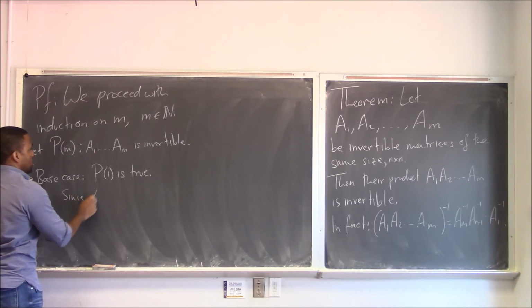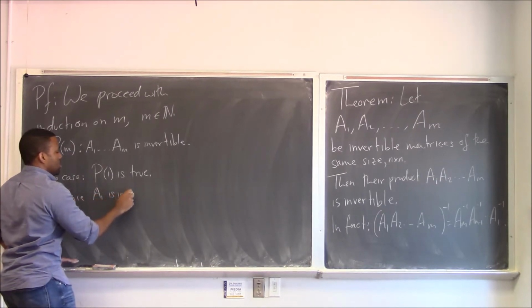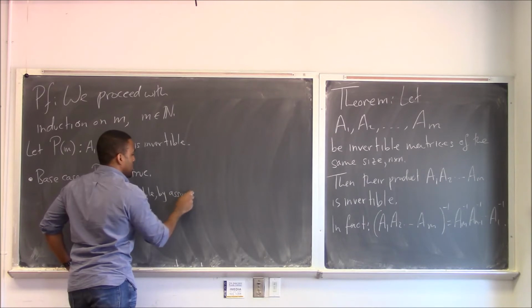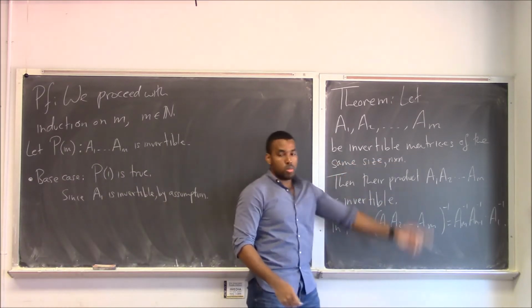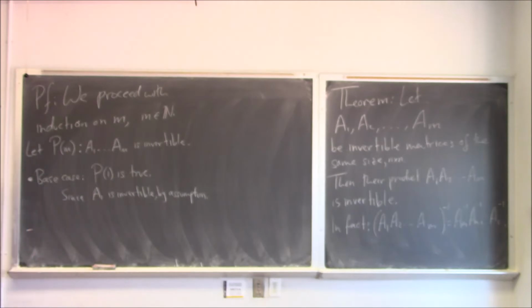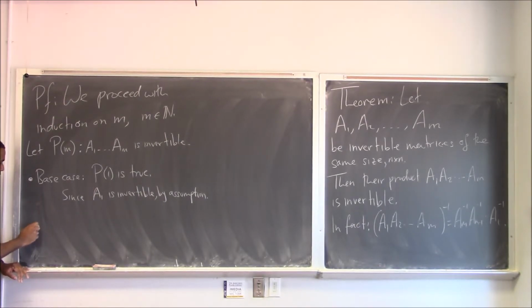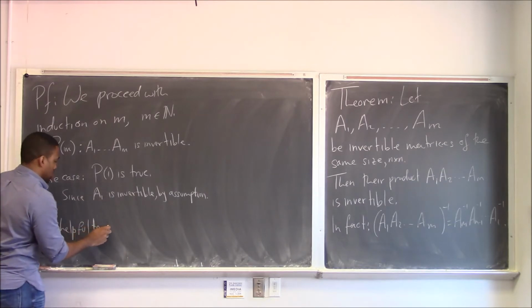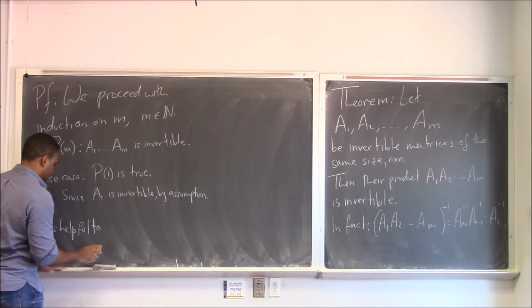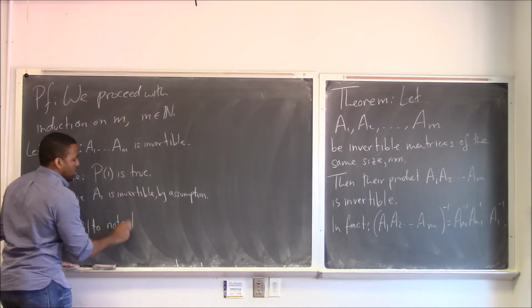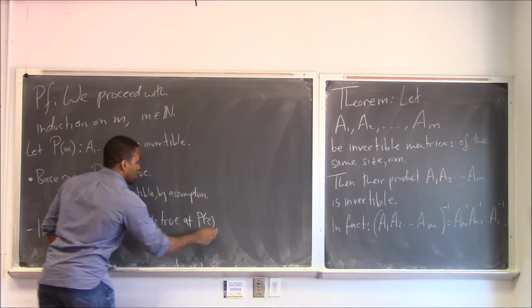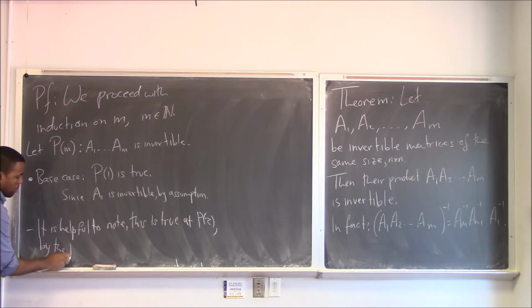P(1) is true since A1 is invertible. This we get by assumption, since I assume everyone here is invertible. Let's prove it's true for two as well. It is helpful to note this is true at P(2) by the previous theorem.